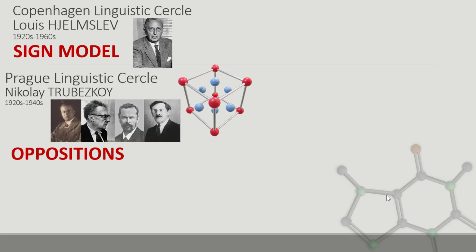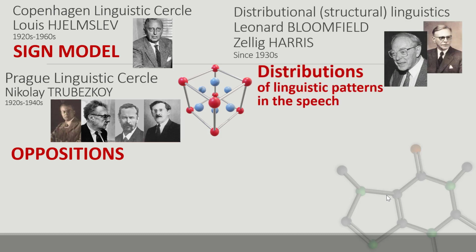American distributional linguists Leonard Bloomfield and Zellig Harris studied the rules of distribution of linguistic patterns in speech. Their research has had a huge influence on computational linguistics.